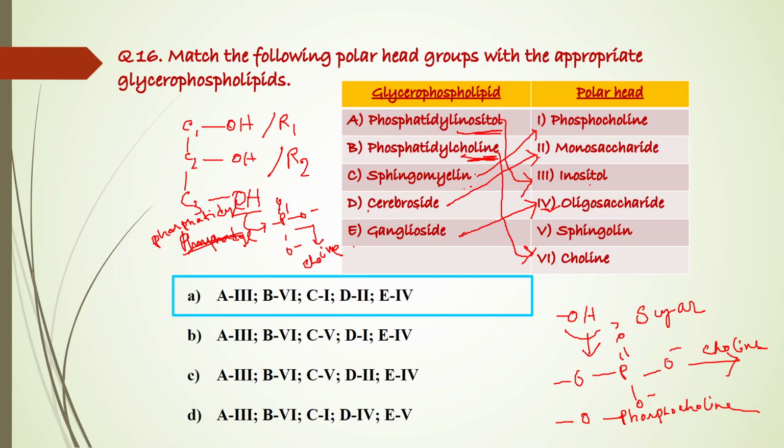Phosphatidylinositol. So now the only option that matches with that A3, B6, C is 1, D matches with 2 and E with 4. So after deducing that, our correct option should be option number A.